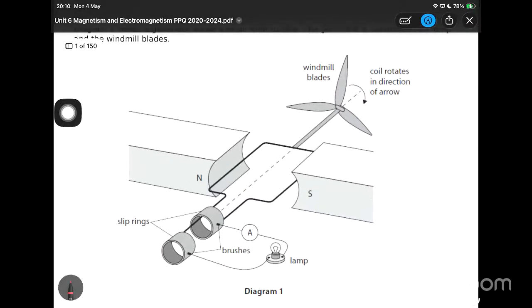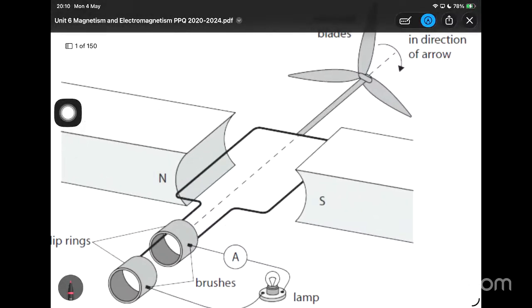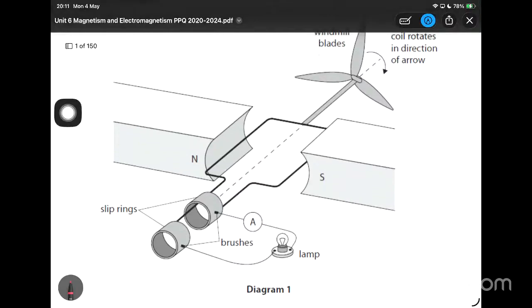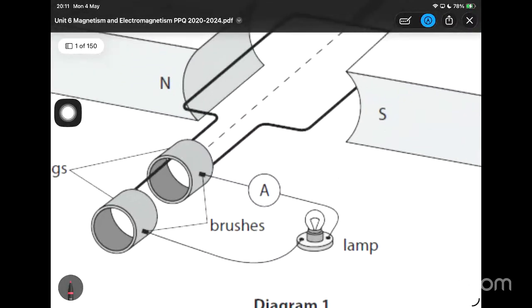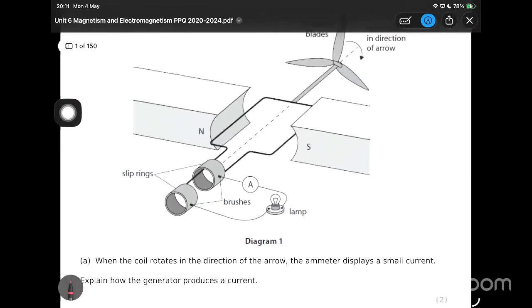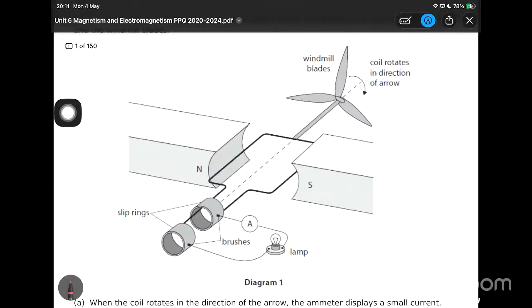Here we can see there's a magnetic field given, right? Two magnets are given, and also the windmill blades, and the direction of rotation is also given. And there are some split rings and brushes, and we also have an ammeter connected to a lamp, right? From this diagram, we can actually determine the direction of the magnetic field.